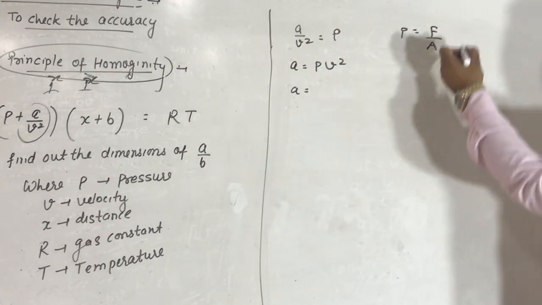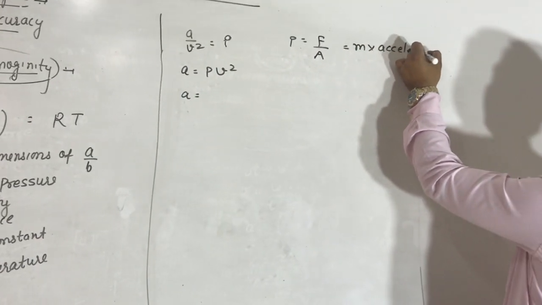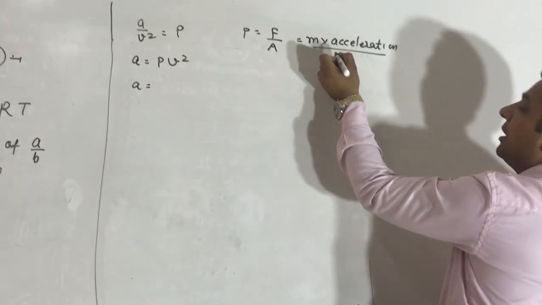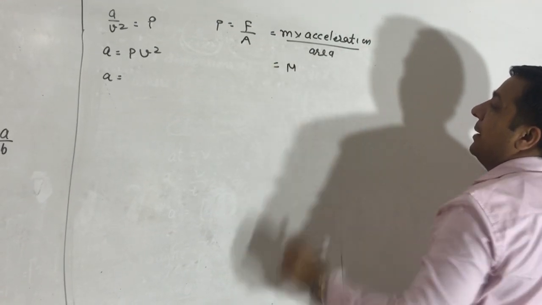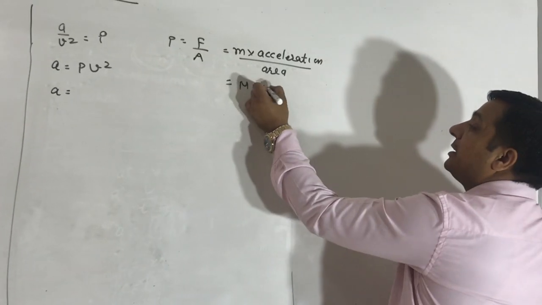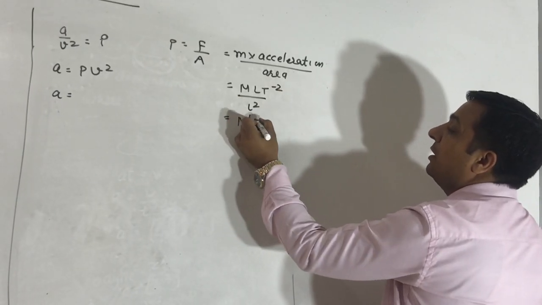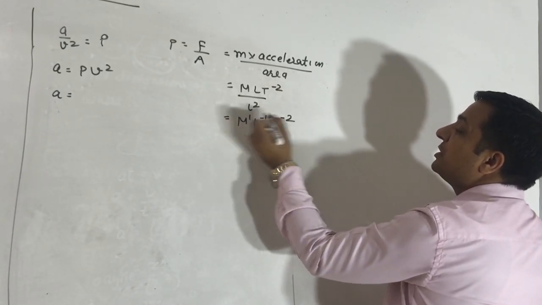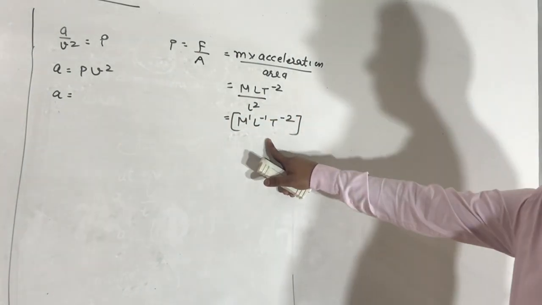Dimensional formula of force is mass into acceleration, and area. Dimensional formula of mass is capital M, acceleration L T minus 2, area L square, that is equal to M 1 L minus 1 T minus 2. Right. And this is the dimensional formula of pressure.